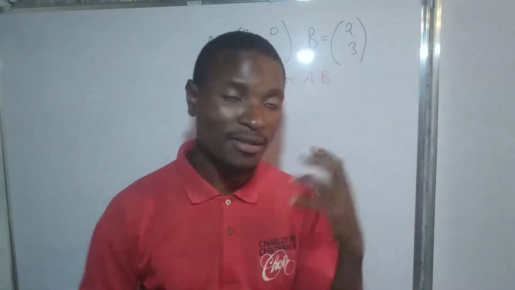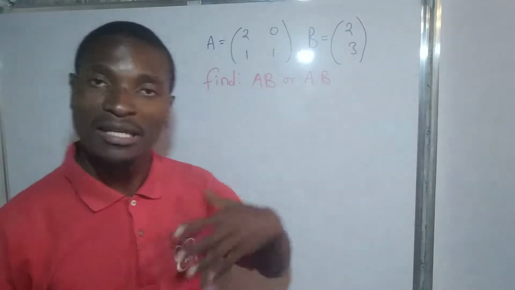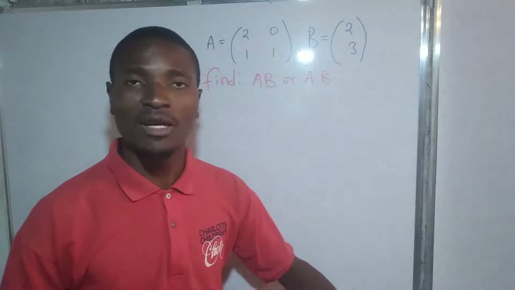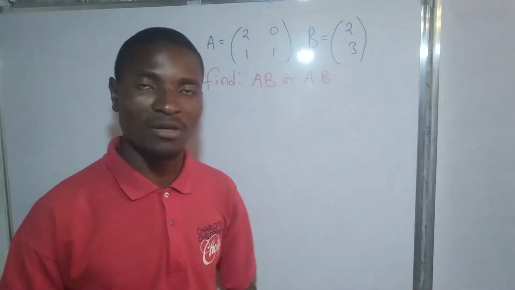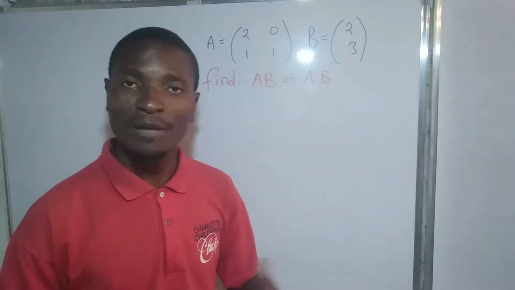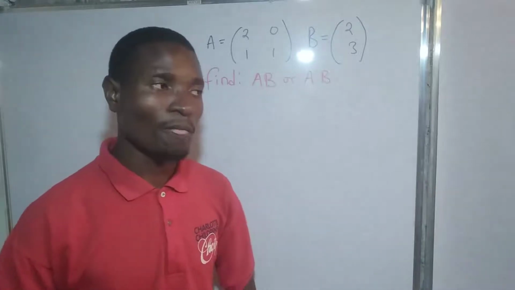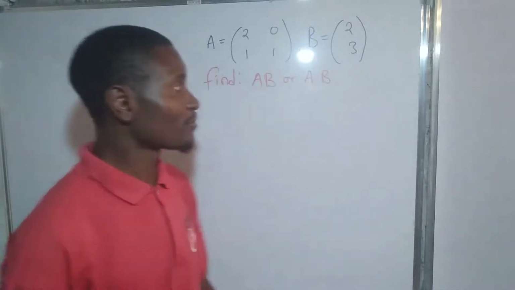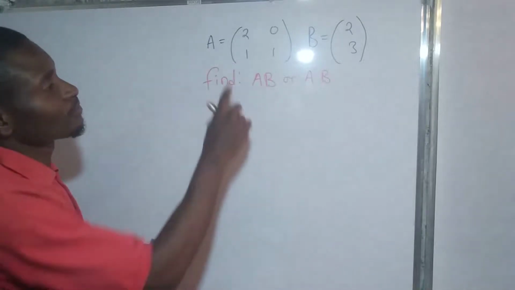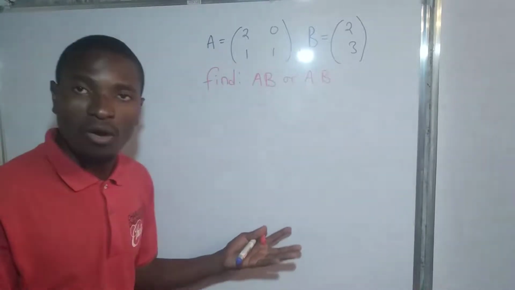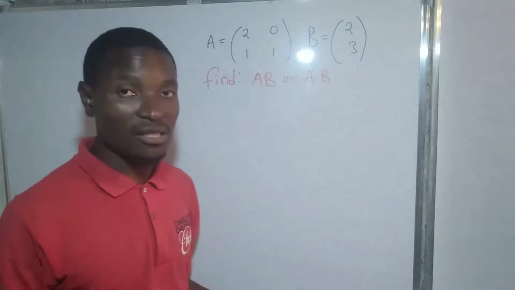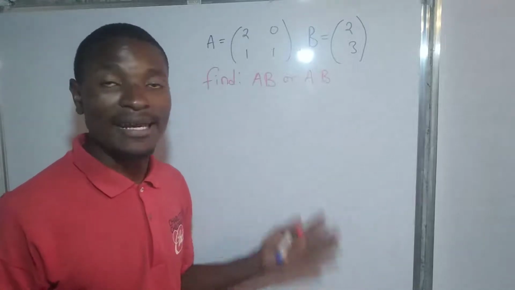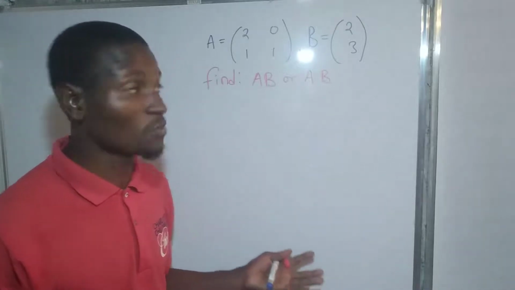Okay, so now let's see the actual example that gives us an insight on how you can go about multiplying matrices that have the same number of columns as rows between the two matrices. First of all, before I do anything, I have to determine the order of each matrix.